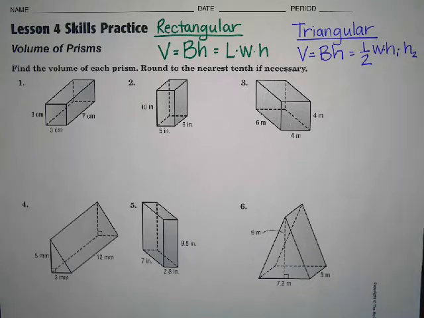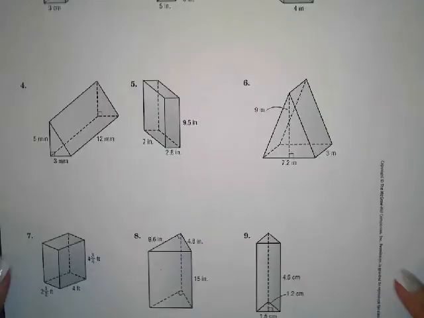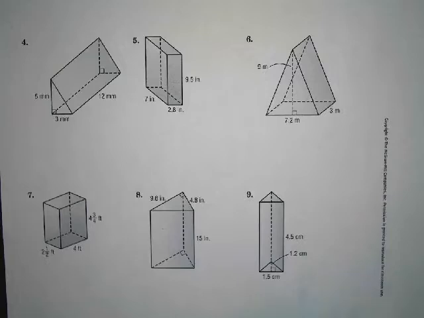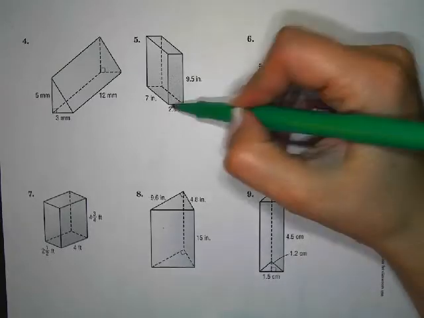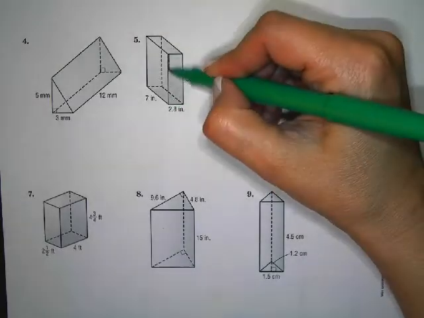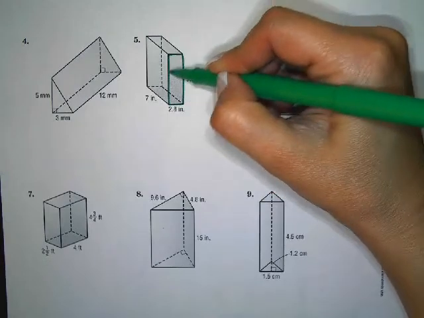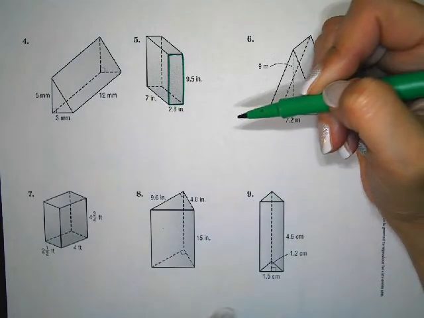So we're going to do a couple problems today to give you some examples. So let's look at number 5. Number 5 is a classic rectangular prism. Our base is a rectangle. So if we look at our base here, this front side here that I just highlighted in green is our base.